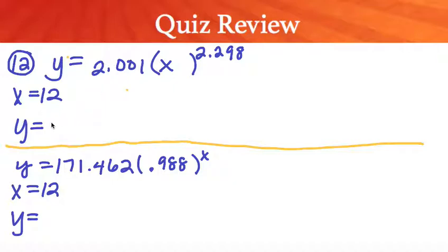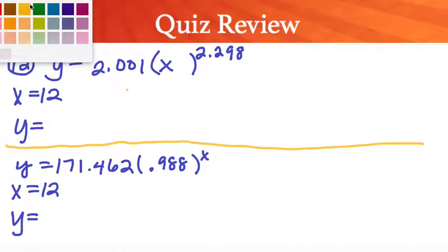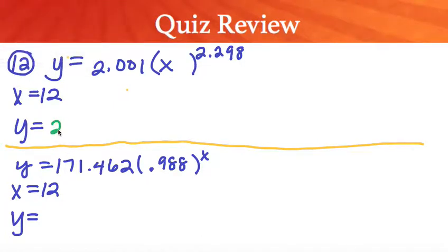So we're going to take 2.001 times 12 to the 2.298.